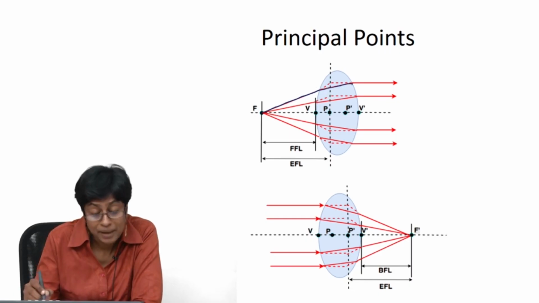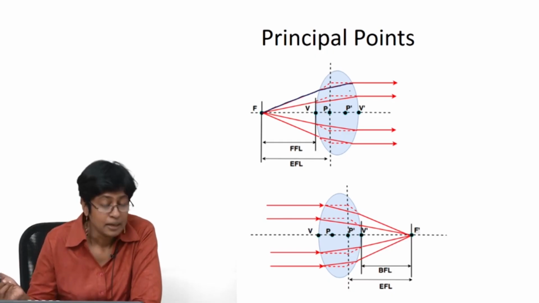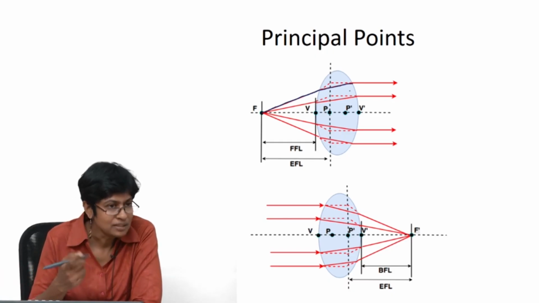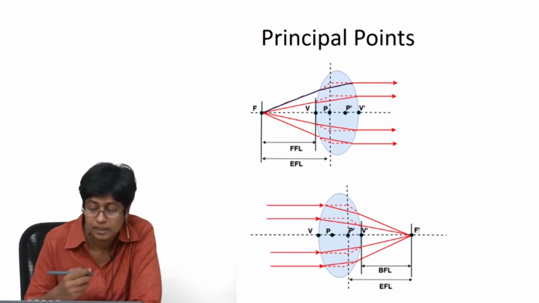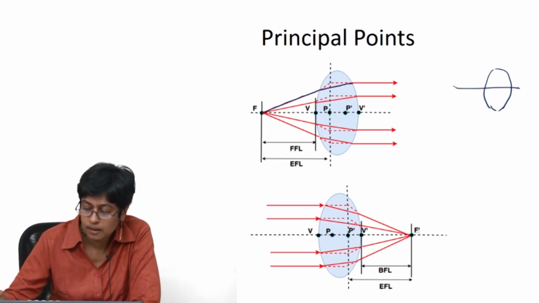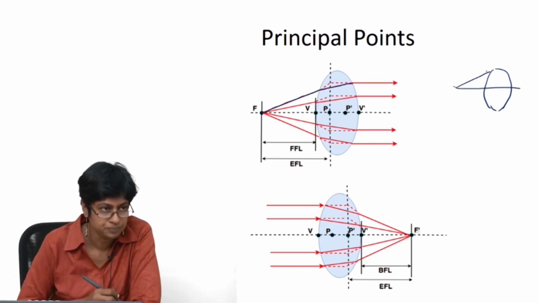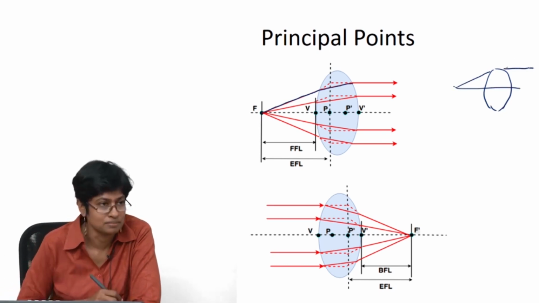And then it bends such that it emerges parallel. The advantage of having the principal plane defined for us is, the trick would be, if I have a thick lens and I have a ray coming like this, how do I know where to draw it parallel over here?